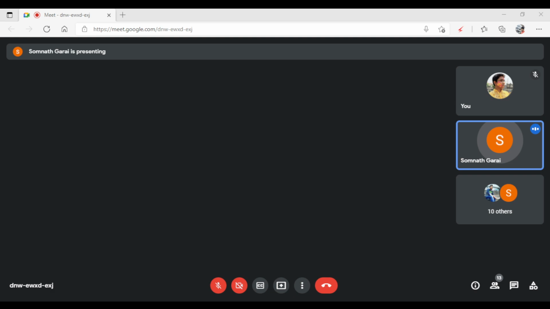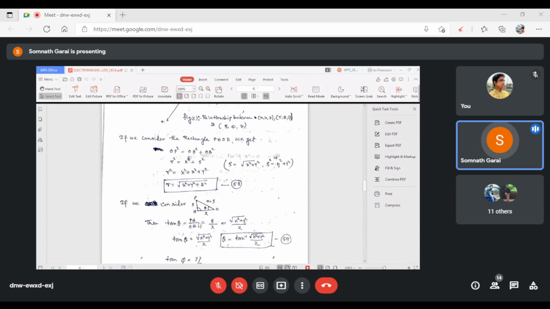Now the angle theta is in between OP and OH. So if we redraw this triangle, it looks like that. Now from this triangle, if we calculate tan theta, tan theta will be PH by OH, perpendicular by base.